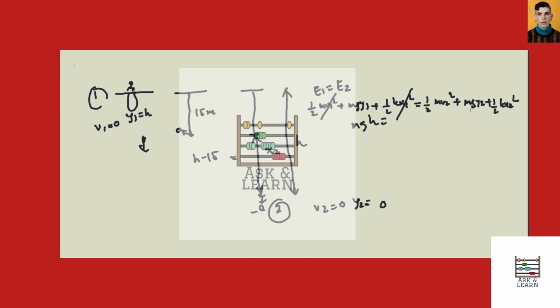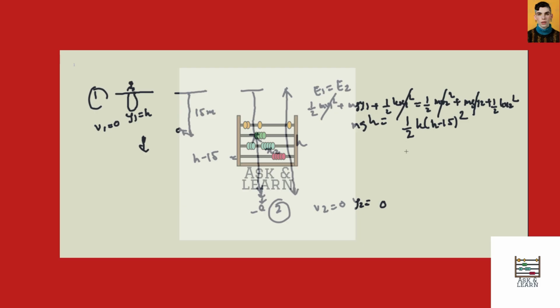On the right hand side, v2 is equal to 0, therefore this term is going to cancel. And y2 is equal to 0, this term is going to cancel, and the only energy on the right is the elastic potential, which is equal to half k x2, which is h minus 15 squared.